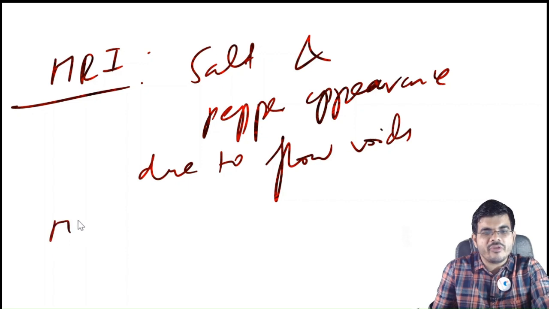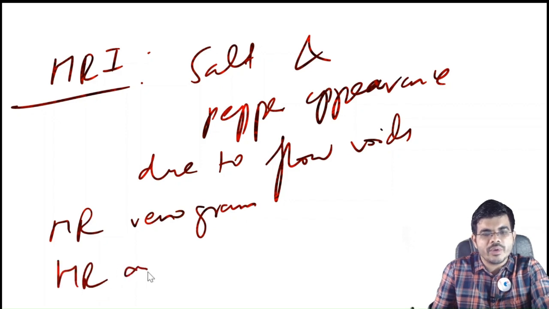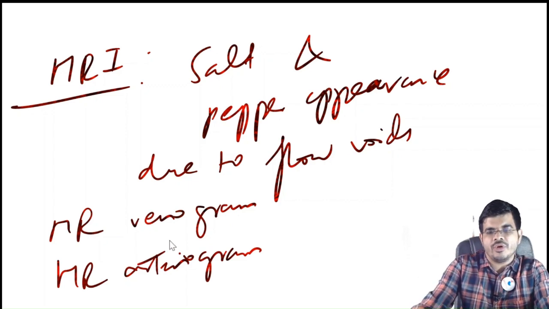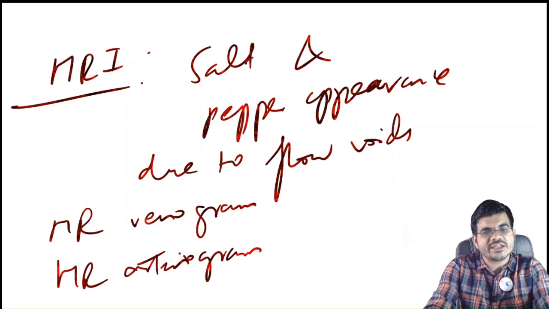Or you can do an MR venogram and an MR arteriogram also may be done to show if there is any decrease in flow through the carotid because of the tumor compressing. So these are the various investigations that are done for a case of a glomus tumor.